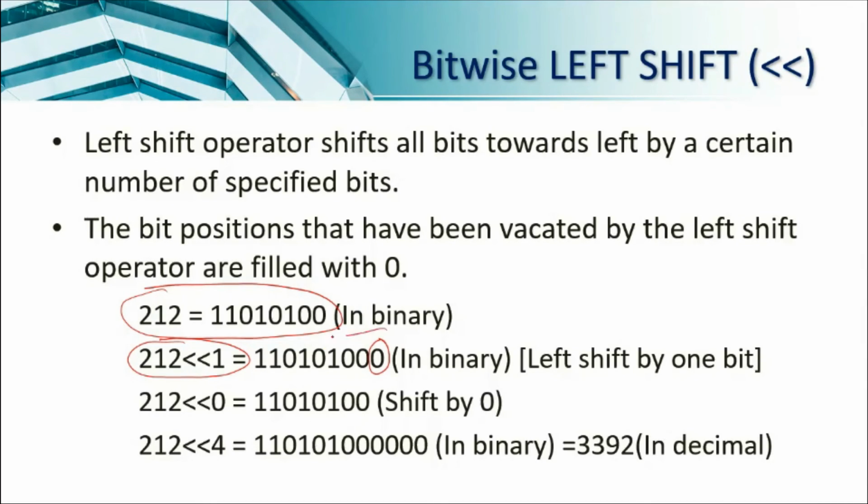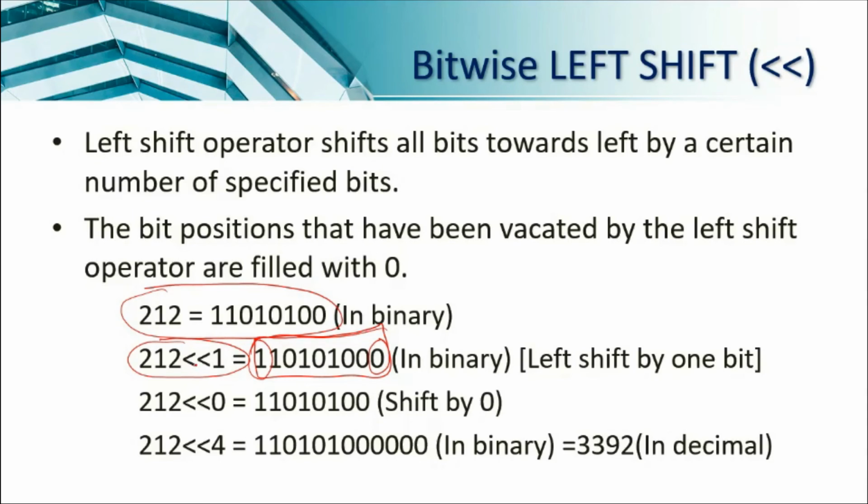While doing this left shift, none of the values are truncated. This is the 9th bit: 2, 4, 6, 8, and 9. While doing the left shift, we are not truncating the values, but while doing the right shift, we are truncating the values. So that is how it works.